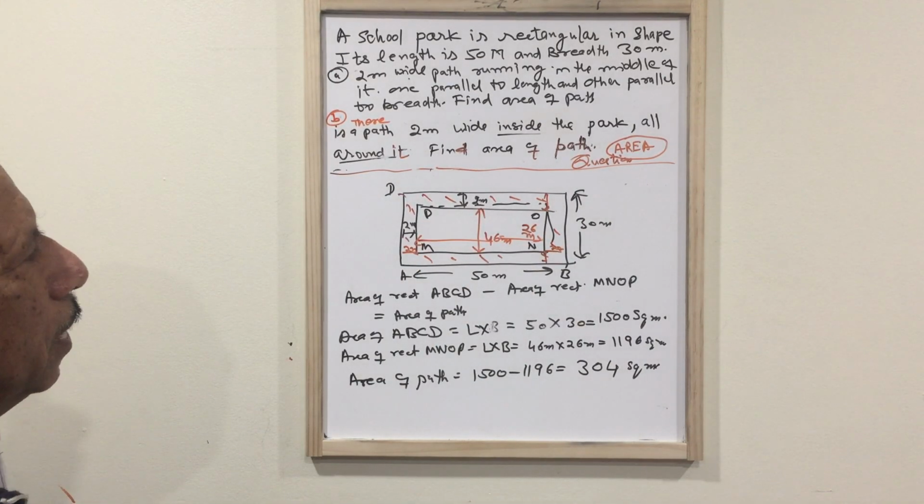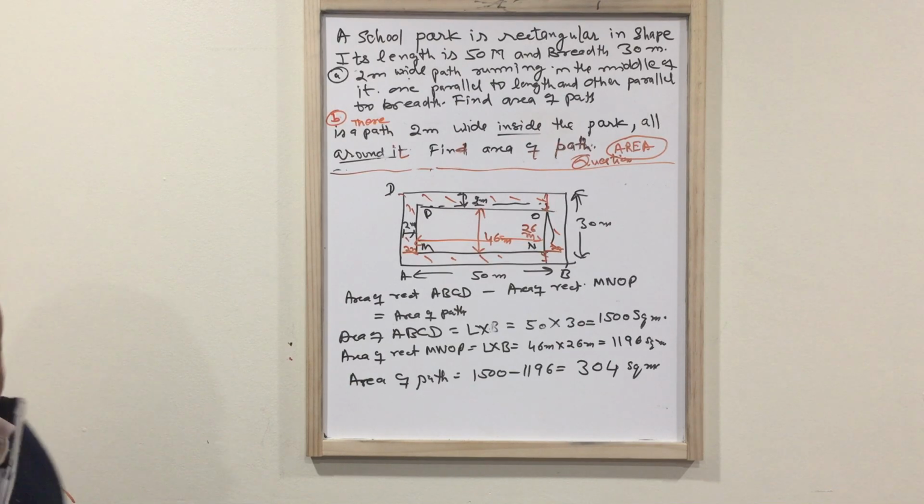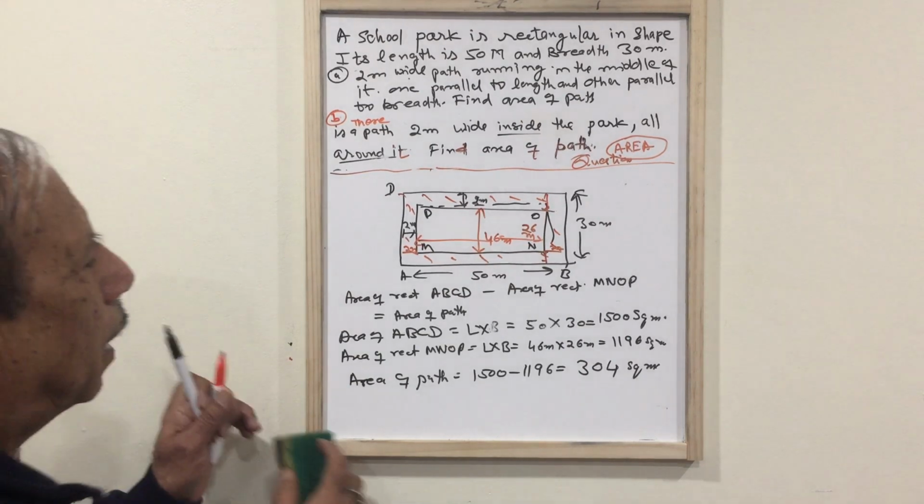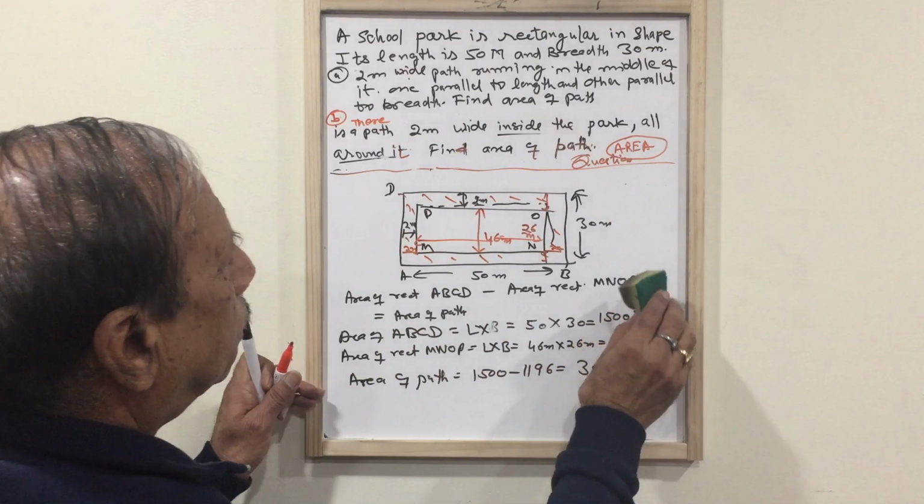There is another way we can find the area of this path. I'll tell you the other way also.